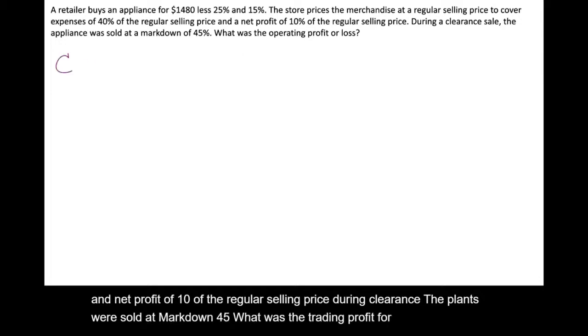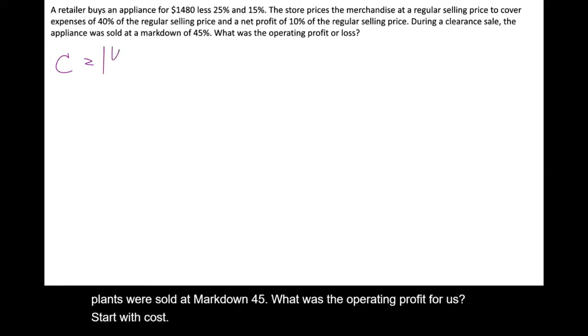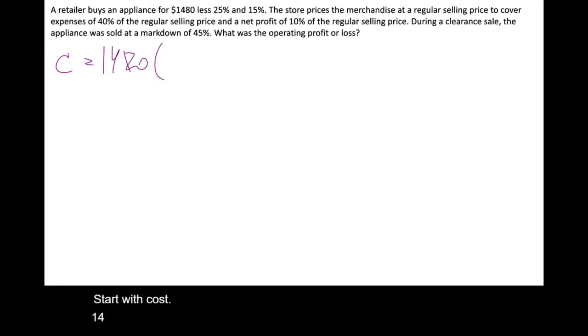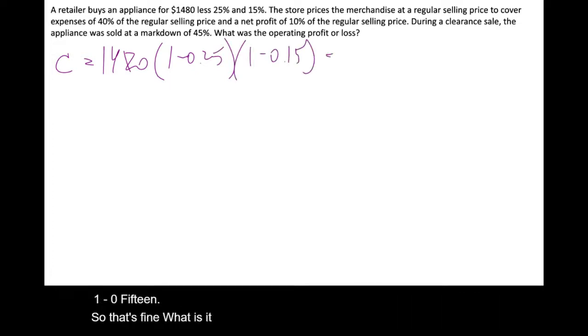Okay, start with cost. 1480, 1 minus 0.25, 1 minus 0.15. So let's find what is it. 0.75 times 0.85 times 1480. 943.50. That is the cost.